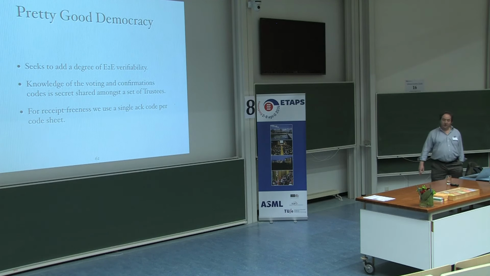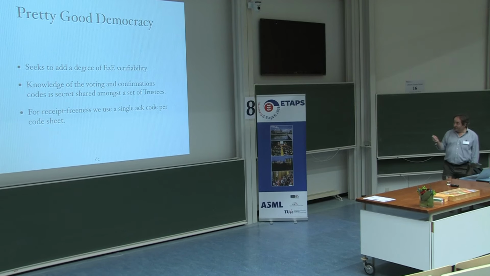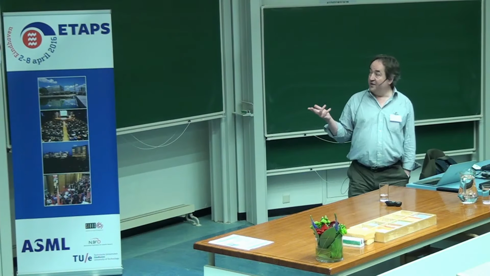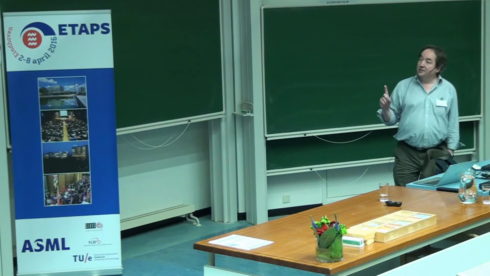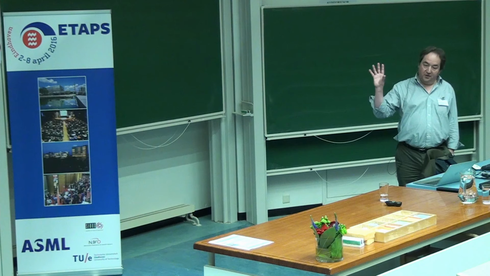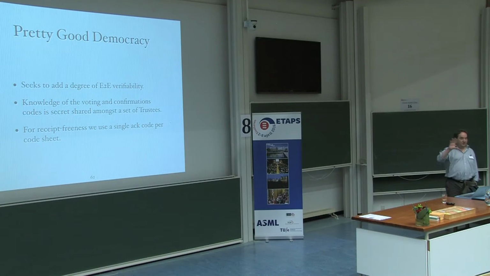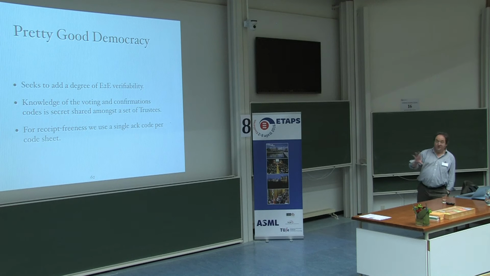So let me just very quickly mention in passing a scheme that, as I say, Vanessa Teague and I came up with some years ago, which tries to slightly improve the situation. So the trick here is very simple. It is basically code voting, but with the changes, rather than envisaging a voting server which has a database of all these secret codes, we actually secret share the information of these codes.